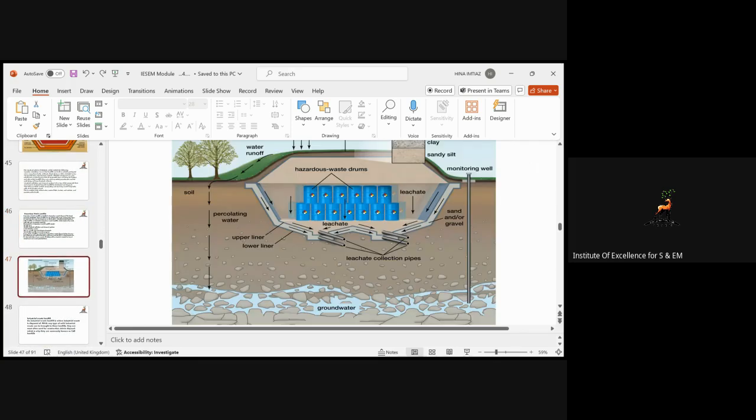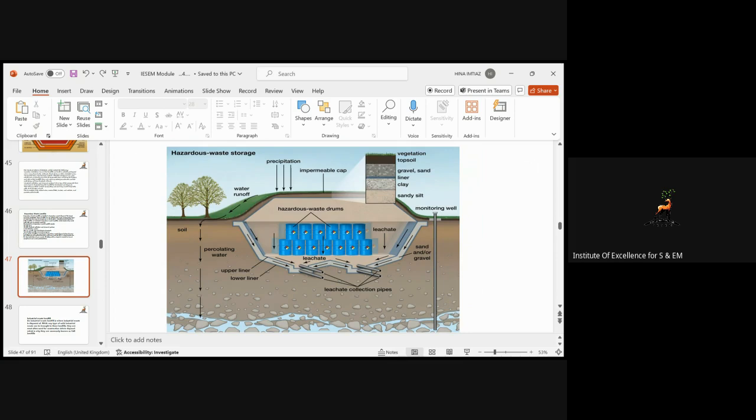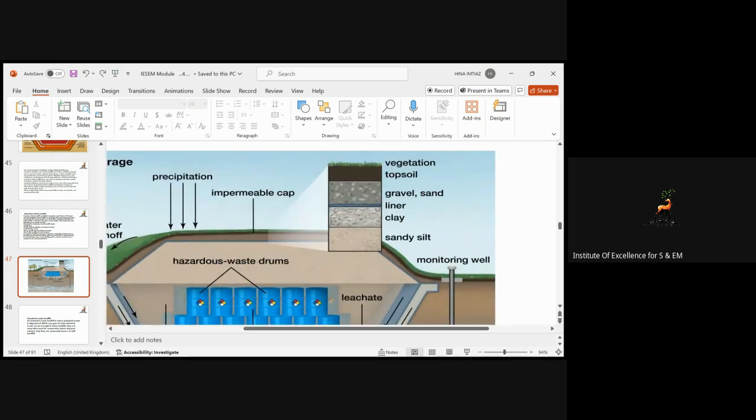This is again an example of a hazardous waste landfill, in which you can see they have already installed the impermeable capping. If you see this pad, they are protecting the vegetation topsoil, and after the vegetation there is gravel and a layer of liner as well.